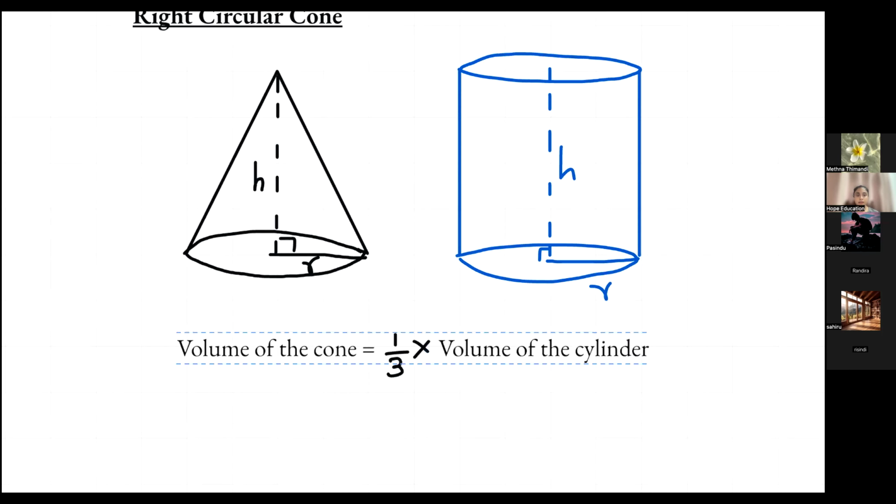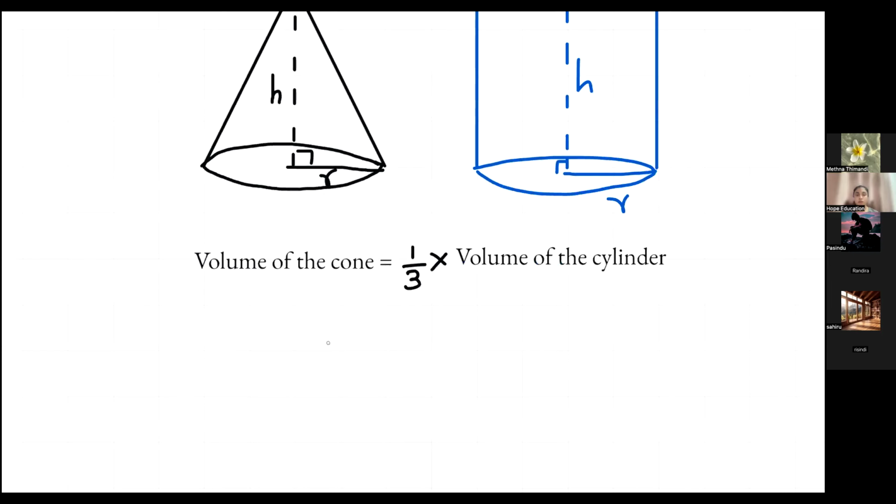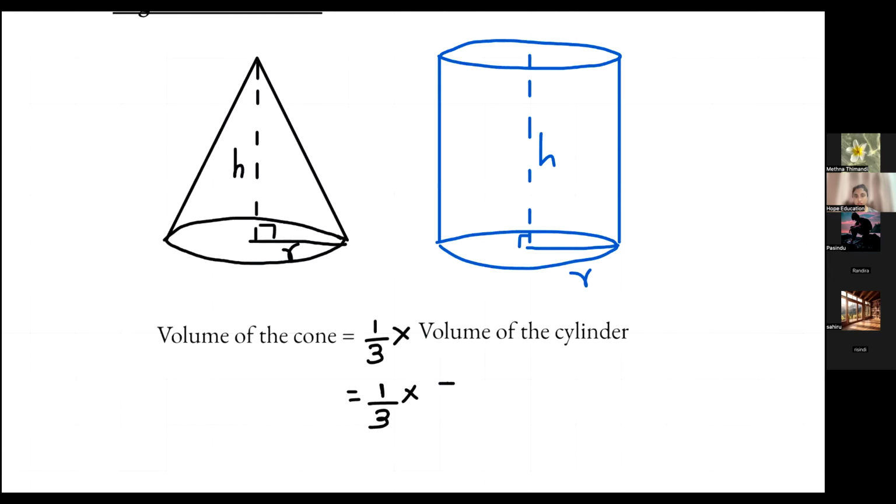Okay, so let's see. 1/3. We know how to find the volume of a cylinder already. How do we do that? Pi r squared h. So 1/3 pi r squared h. That is what we call the volume of a cone.